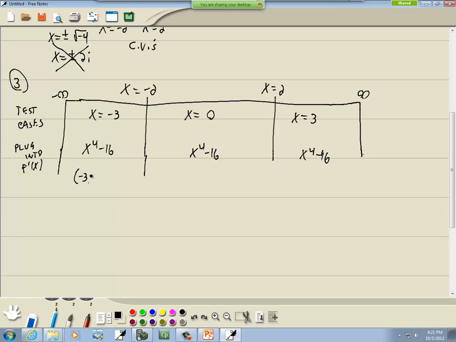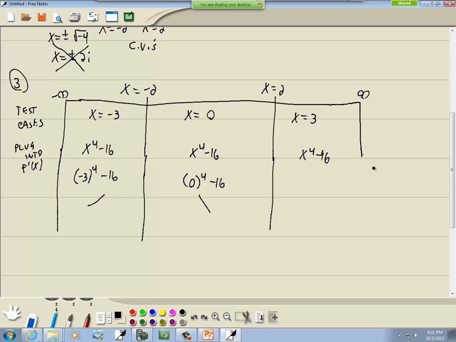So if I put negative 3 to the fourth power in, minus 16, anytime you have a negative number to an even power, it becomes positive. And 3 to the fourth, 3 times 3 is 9, times another 3 is 27, times another 3 is 81. 81 minus 16, don't know what it is, but it's positive. So this is increasing. If I put 0 in, I got 0 to the fourth minus 16. 0 to the fourth is 0, minus 16 is negative, so it's decreasing.